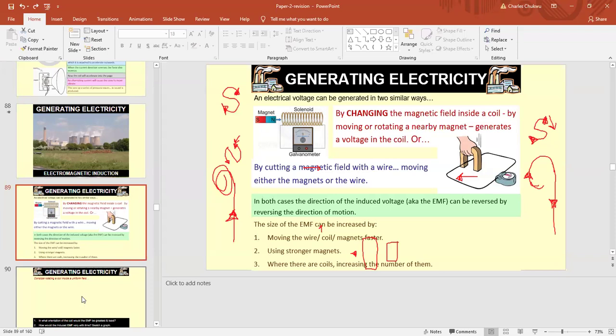So I think this generating electricity simply talks about how electricity can be generated from magnetism.